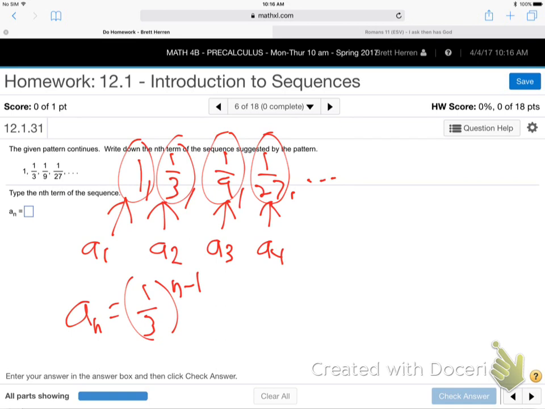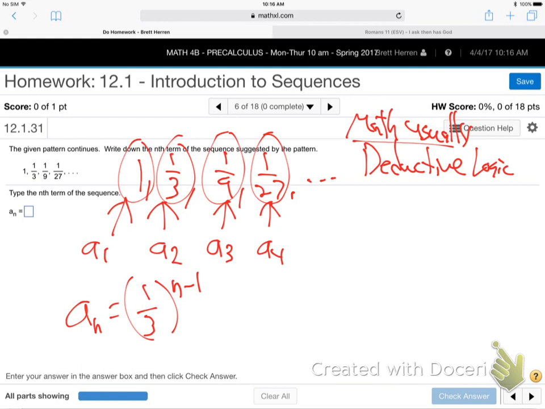Deductive is, I don't want to use up too much time, but math is usually deductive logic, which means it's surefire, it's always certain, it's never in doubt, because it's kind of simple, really, is why it's always so sure.